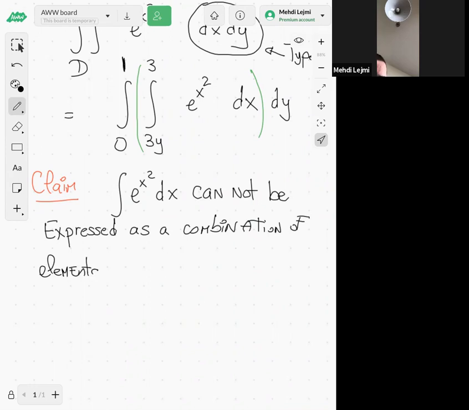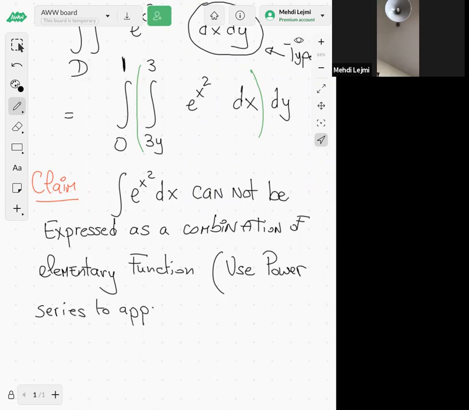Actually, the best thing you can do here is to use power series to approximate this. So what we can do here, just for your information, of course, is you can try to use a power series to approximate this integral of e to the x squared. I guess in calculus you have seen power series and probably Taylor series, right?